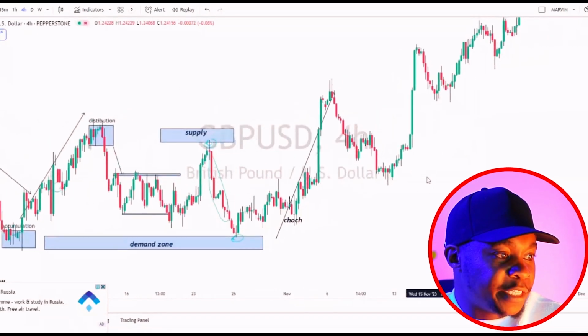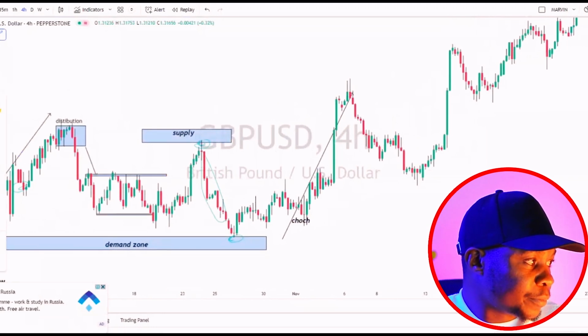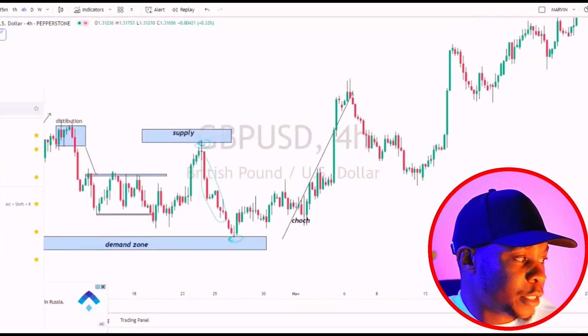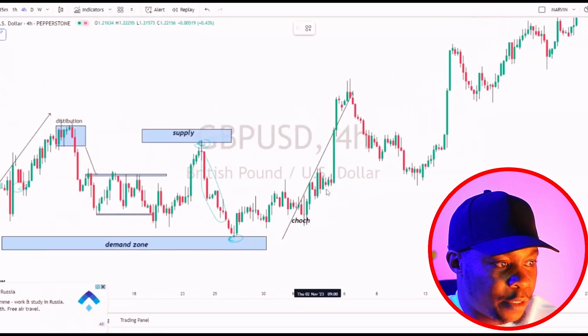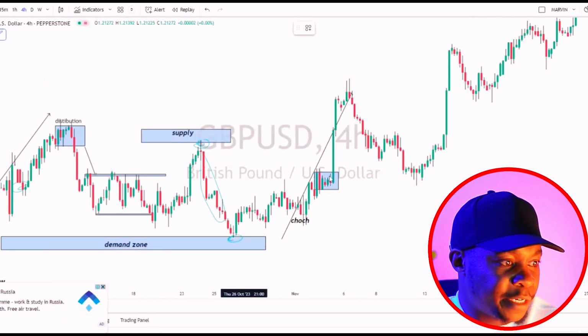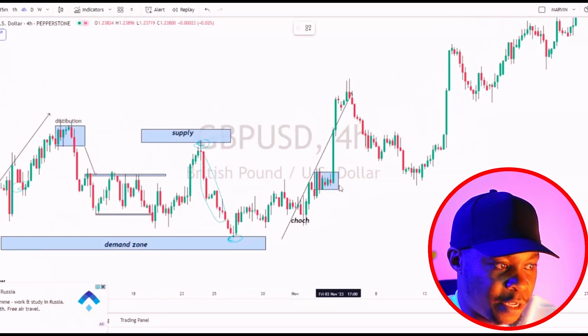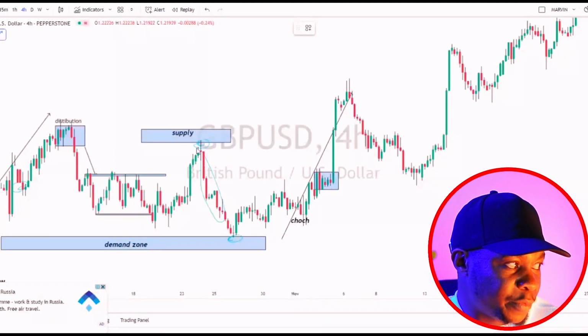So now we have many examples. Let me give you several examples before we end the video. You see, the market created an accumulation at this particular point. The accumulation was created as a reaccumulation of orders. So you have an accumulation and a reaccumulation of orders at this particular point.